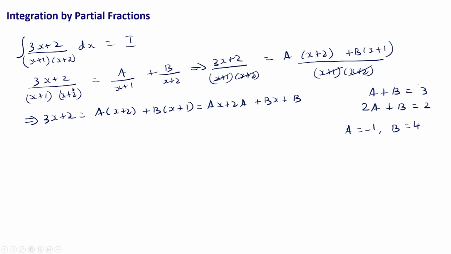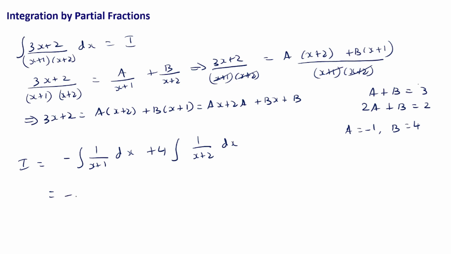So we have taken this integrand as a by x plus 1 plus b by x plus 2. So the given integral becomes minus integral 1 by x plus 1 dx plus 4 integral 1 by x plus 2 dx. In place of this, we can write a by x plus 1 plus b by x plus 2, where a we got minus 1 and b we got 4.